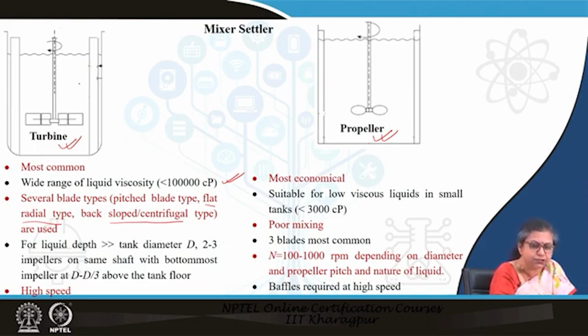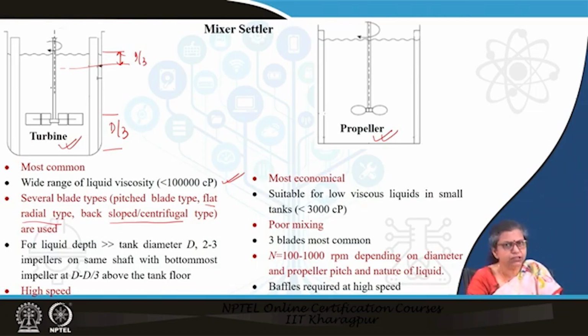In that case, usually the lowest turbine is at a height of say D by 3, the turbine at the top is at a height of D by 3 from the top, and mostly the other turbines are D to D by 3 apart and equally spaced.